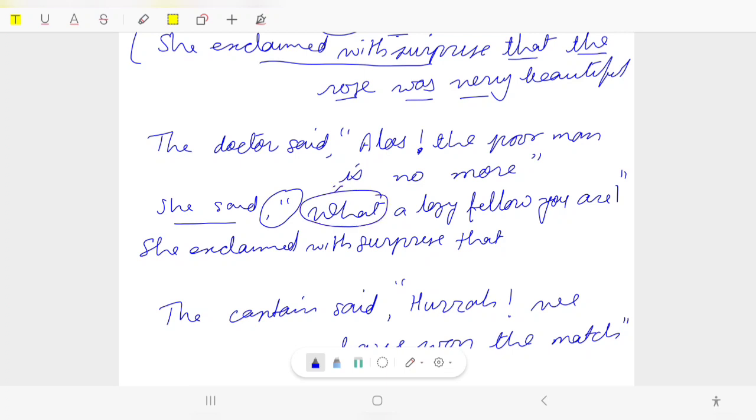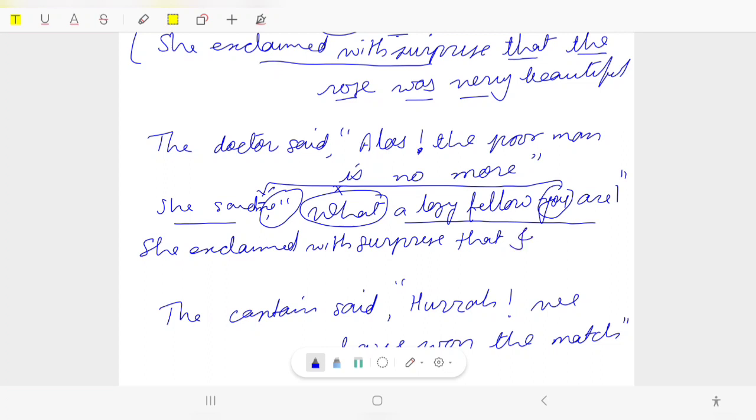Remove the word what as we said earlier. Now where is the subject in this part? This is the subject, and this subject will change according to the object. Here no object is used. But if it is spoken like this, then of course the listener is you. So here the listener is you, so here it will be me. She said to me. So here she exclaimed with surprise that.